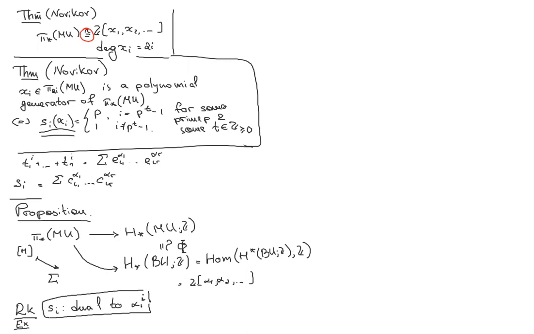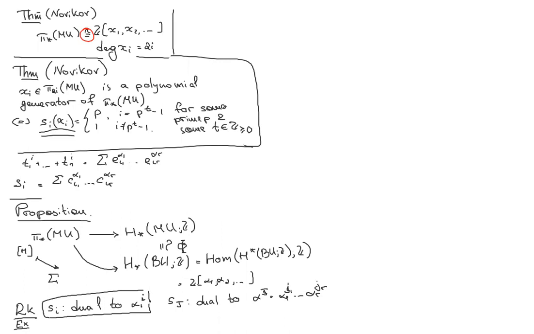Yeah, so maybe I should write this as follows. Let me generalize this remark. Let us denote S_j as dual to alpha^j, which is alpha_1 to the power j_1, etc., alpha_r to the power j_r.